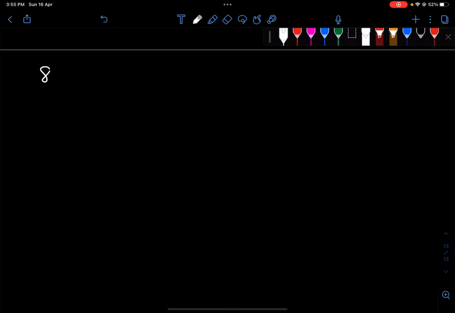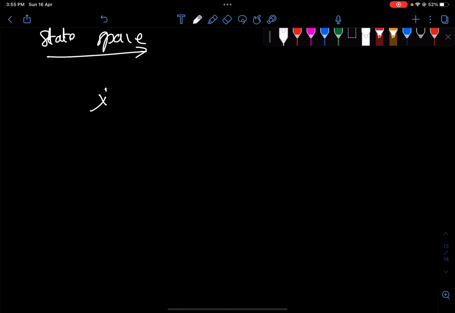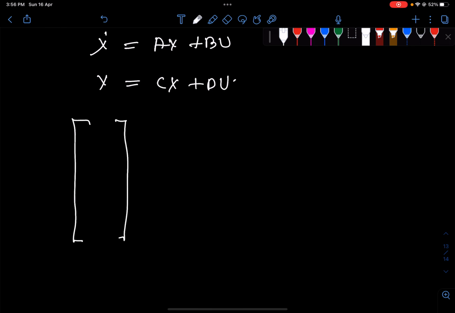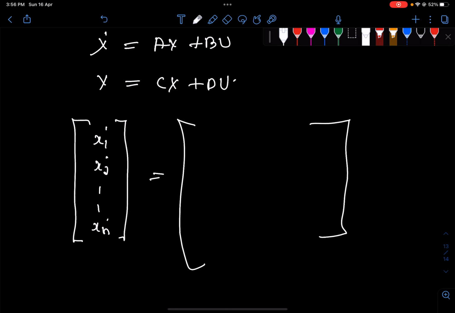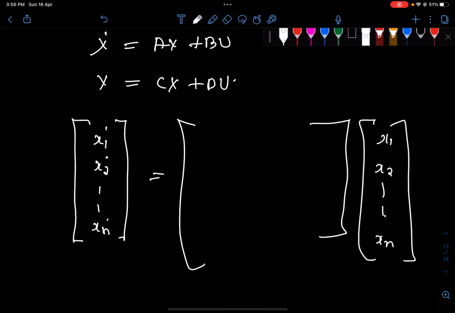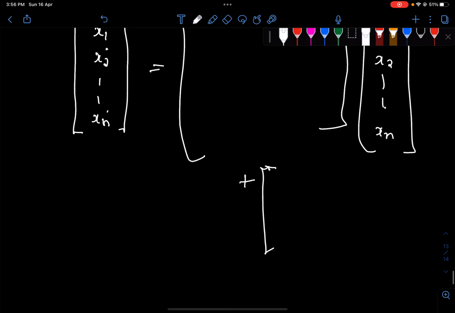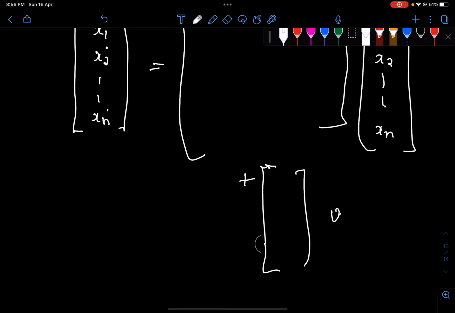So how can we represent a state space using two equations, right? x dot equal to A x plus B times u, and y is equal to C times x plus D times u, right? And we know that xn dot is a new one, so it will be x1 dot, x2 dot, going up to xn dot equal to some matrix multiplied by x, that is x1, x2 up to xn, plus B times something multiplied by u.